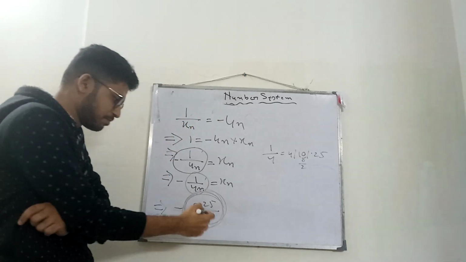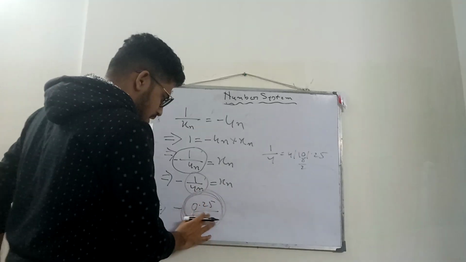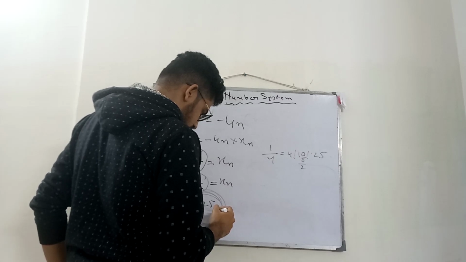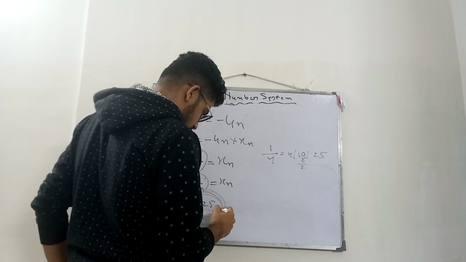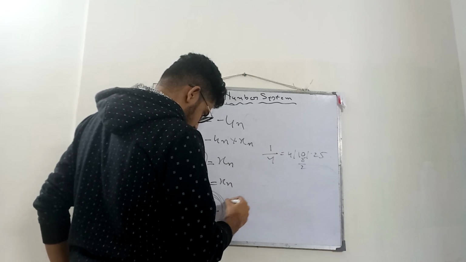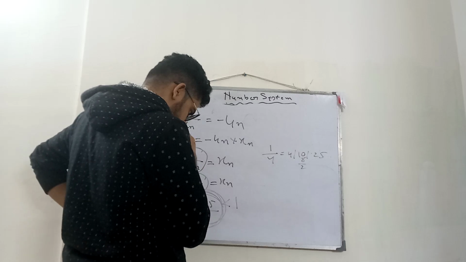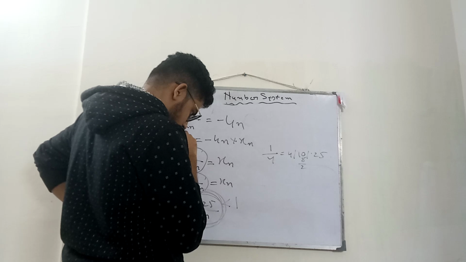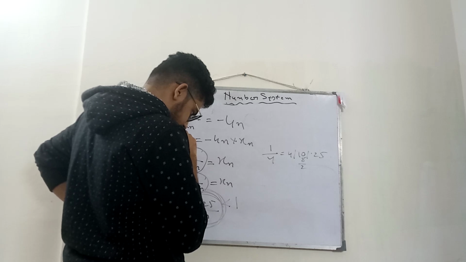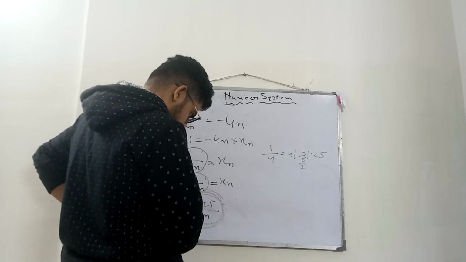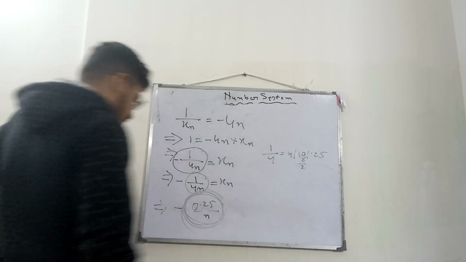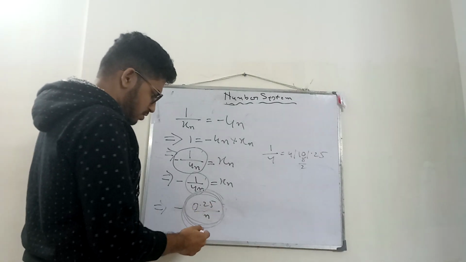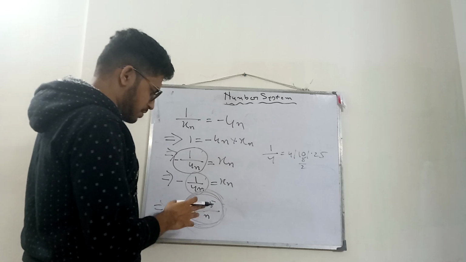So here the 0.25 by n, which is 1. I don't know, so at the conclusion, I don't know whether this is correct or wrong. 0.25 by n, so here we are getting that n is much lesser than 3.